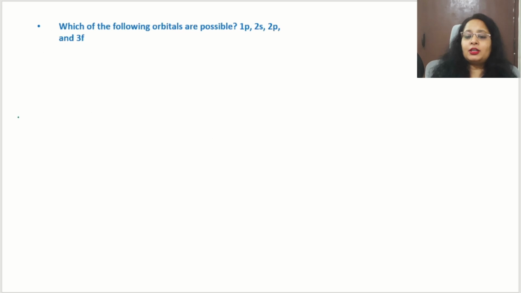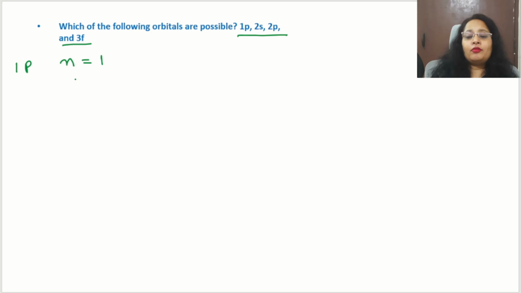Now come to the third part of the question. Which of the following orbitals are possible? Here it is given 1p, 2s, 2p and 3f. We need to check. First 1p. As I told you, the number 1 denotes that the value of n is equal to 1.